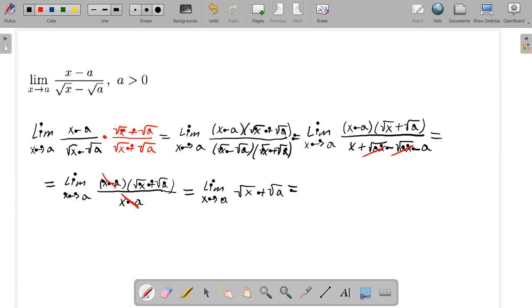So plugging in a, we will have square root of a plus square root of a. And if you add these two terms, that will be 2 times square root of a. Okay, guys, so this will be the value of the given limit.